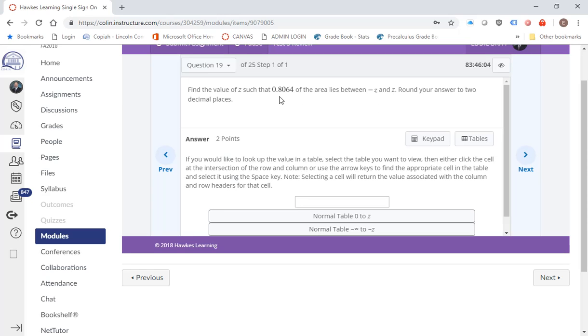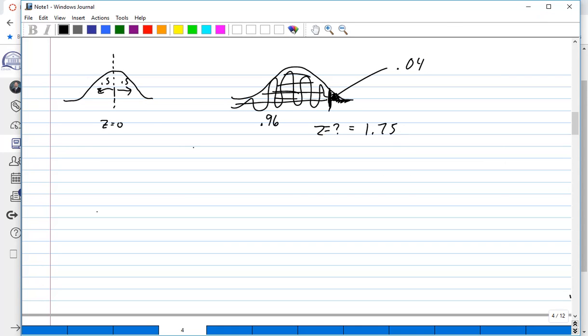So we have an area of 0.8064. Alright, so in a way we have to use symmetry here. I'm trying to figure out that this one will be a negative z and this one will be a positive z, but I'm trying to figure out what value of z is that such that all the area in between the two is 0.8064.